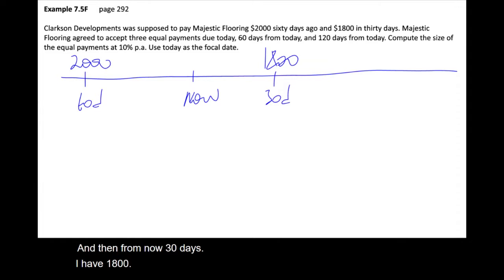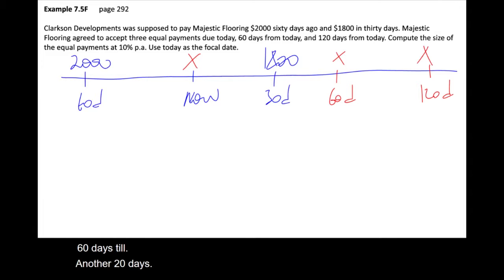Seems to me agreement one is done, right? So 2 payments. What about agreement two? 3 equal payments. 1, 60 days, 2, 120 days, 3. Focal date is today.